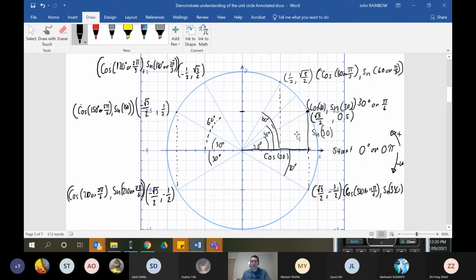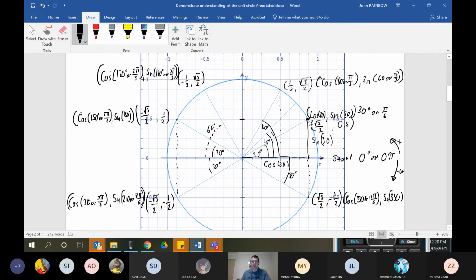So let me do it this way. If I go 30 degrees, that's my coordinates. If I go 120 degrees, that's the value of cos and sine. If I do 210 degrees, that's the value of cos and sine. If I go 330 degrees, that's the value of cos and sine. If I come around again, that's 360 plus 30, 390 degrees, that's the same thing. That's the value of cos and sine. Keep on going around to here.